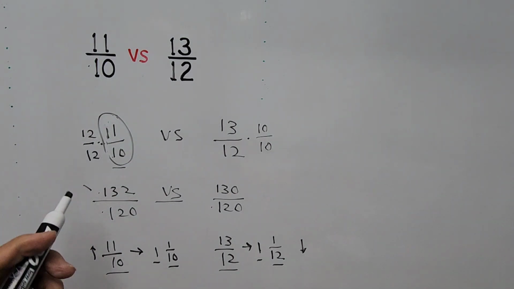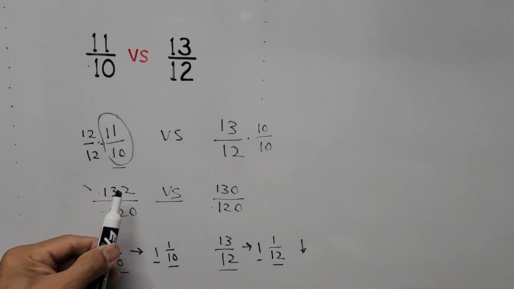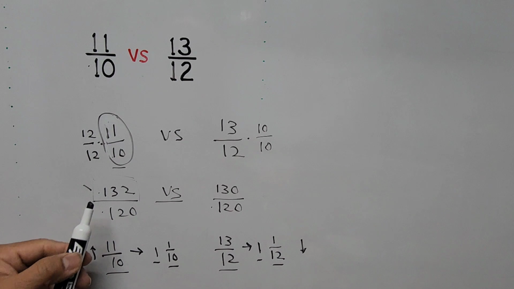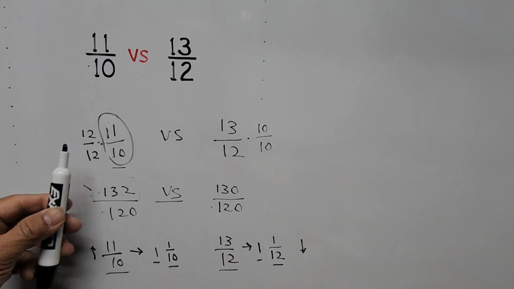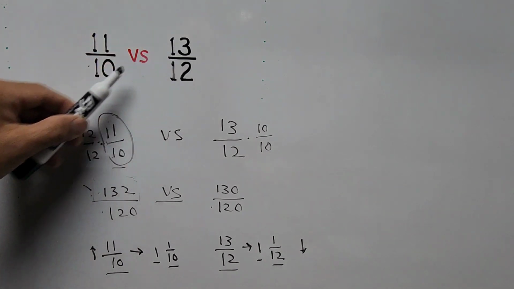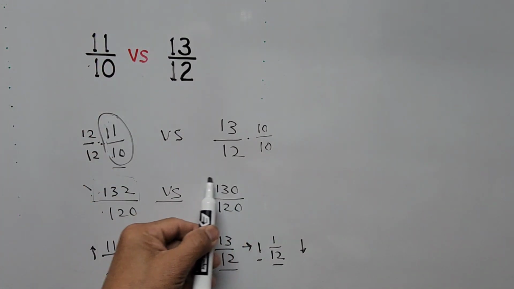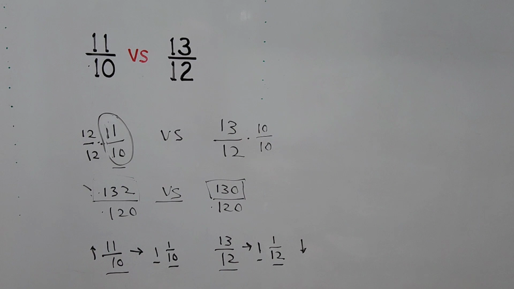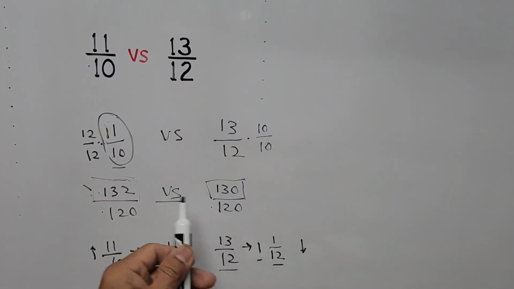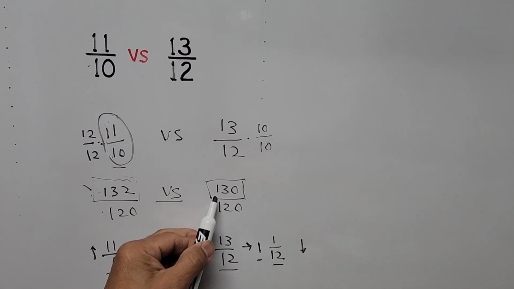Thereby, we have a result of 132 for the first one, and if we cross multiply 10 and 13, it will yield 130. So you can tell that 132 is larger than 130.